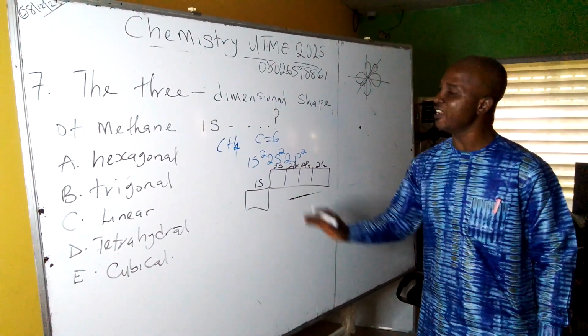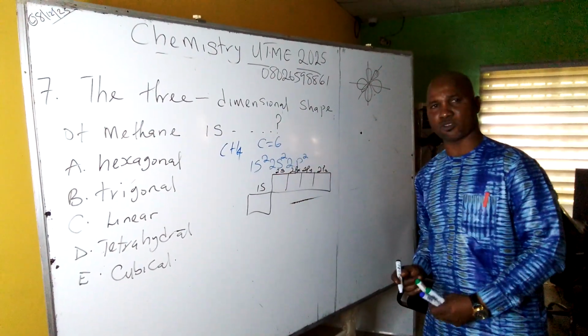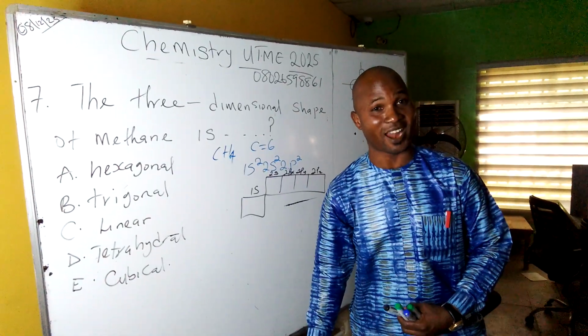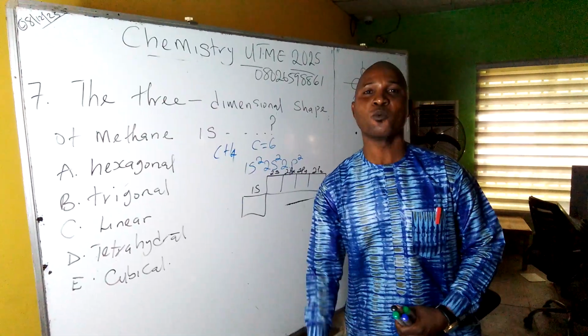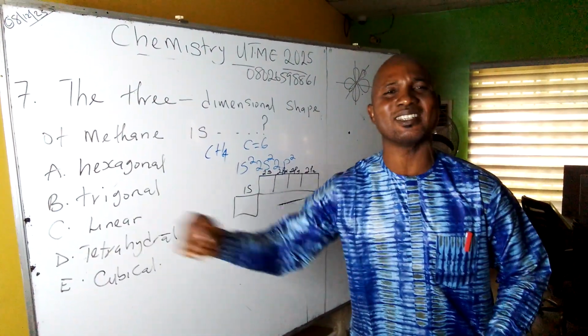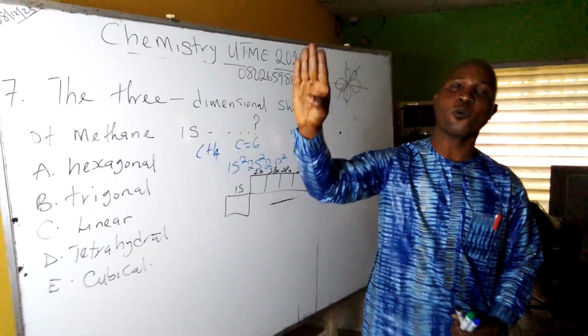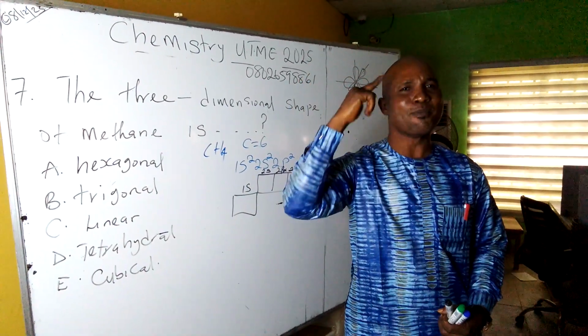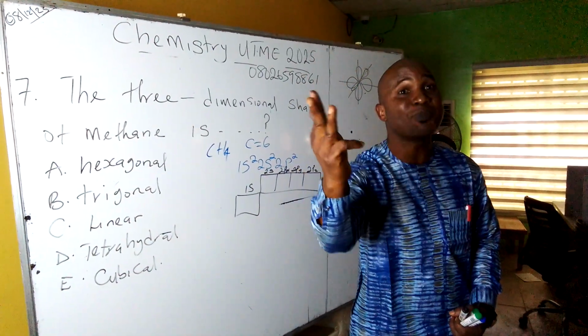Now let's fill in each of the electrons. Now we are going to fill in each of these electrons observing our quantum numbers. Wow, it's strange, right? You've never heard that word before. We have what we call quantum numbers in chemistry. And there are 4. We have the principal quantum number, the azimuthal quantum number, the magnetic quantum number, and the spin quantum number.